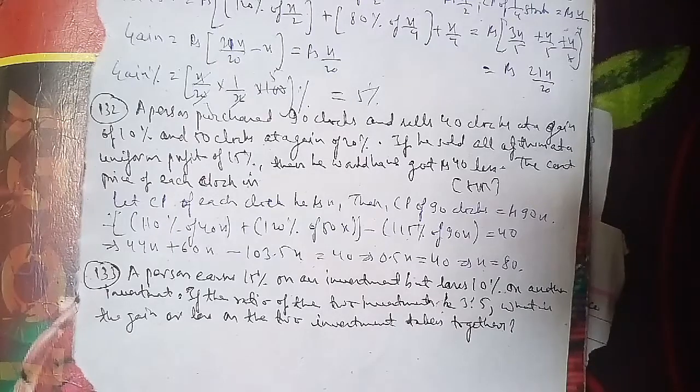The options are 6 1/4% loss, 13 1/8% loss, again 13 1/8% loss, and none of these.